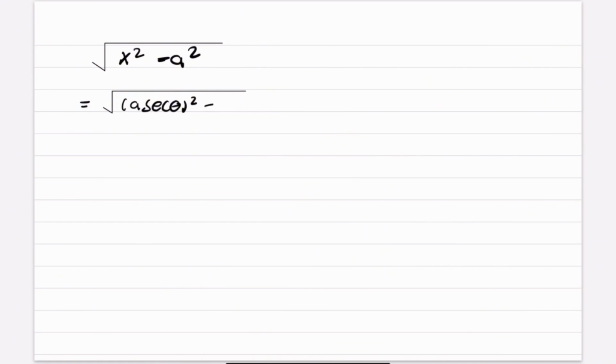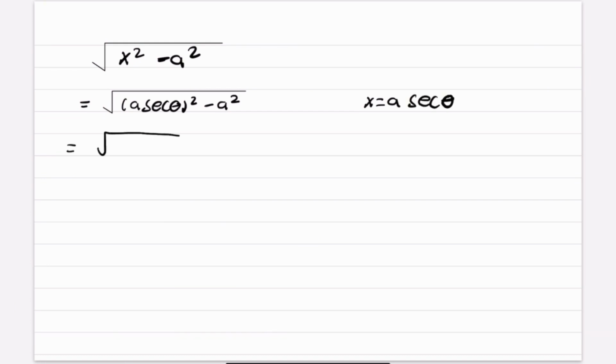Next, I will show you how to rewrite the integrand using trig substitution. So beginning with the side of the triangle that we solved for, we have the square root of x squared minus a squared is equal to the square root of, well, plugging in the value of x, we have a secant theta squared minus a squared, and that's because x is equal to a secant theta.